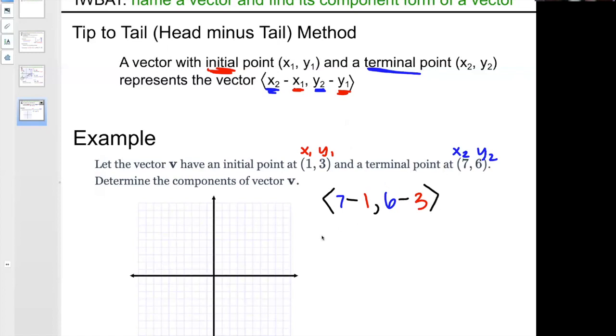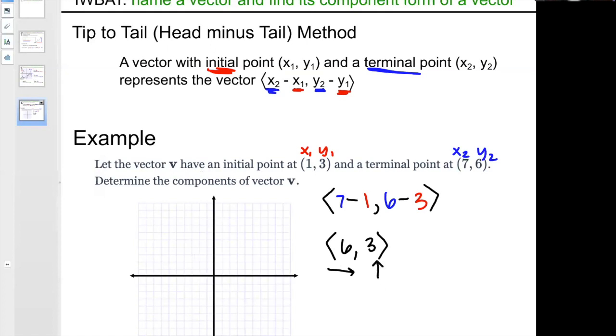And now it's going to matter the direction. So if you mix these up, if you start with the initial point, your numbers are going to be backwards, or they're going to be opposites of what they're supposed to be. You're going to get 5 instead of -5. So be really careful on that. So for this one, our component form is 7 minus 1, which is 6, and 6 minus 3, which is 3. So this should be our horizontal component, and this should be our vertical component.